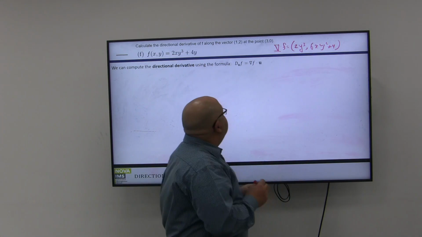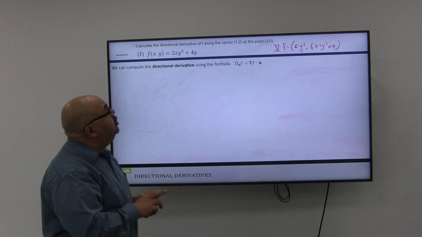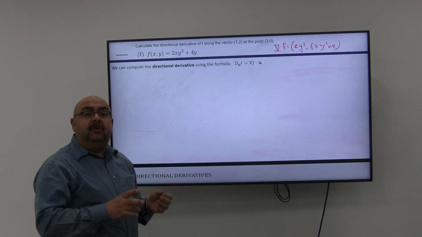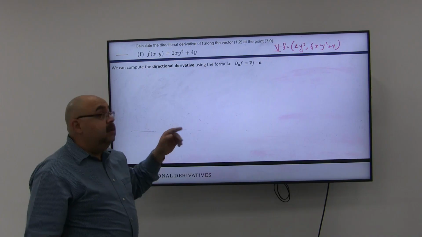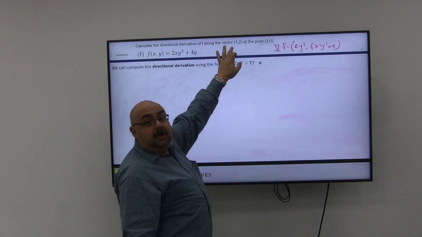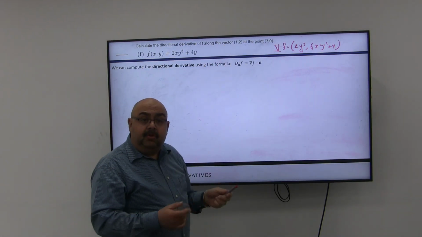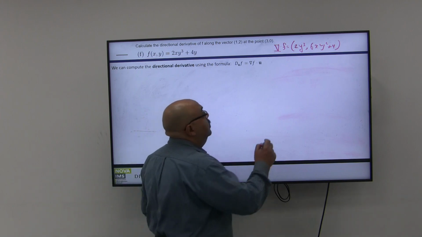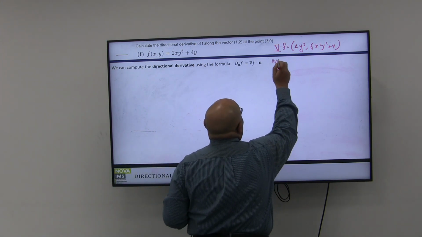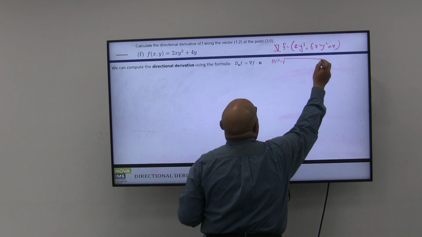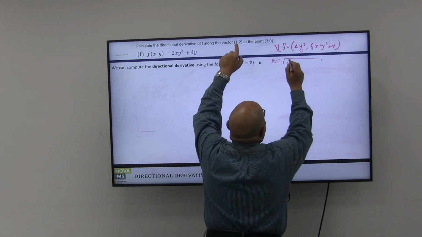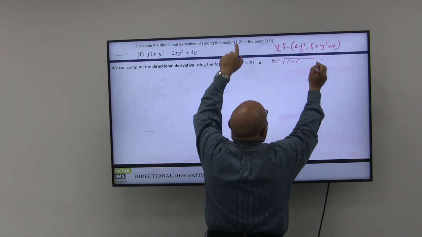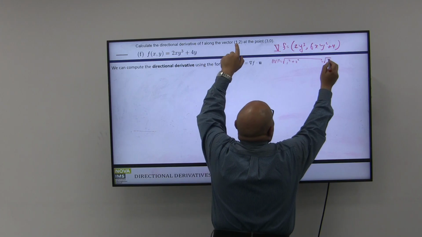Okay. The second step, I need to check if the vector is a unit vector. This is the vector, which is (1, 2). How to check? Get the norm. The norm of V is simply the square root of the first component to the power of 2 plus the second component to the power of 2, which is root 5.